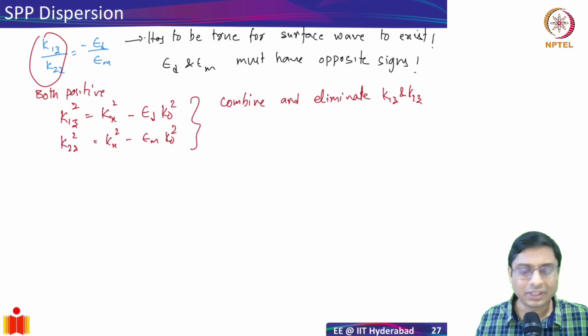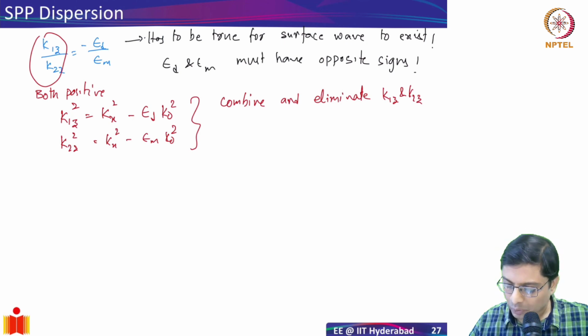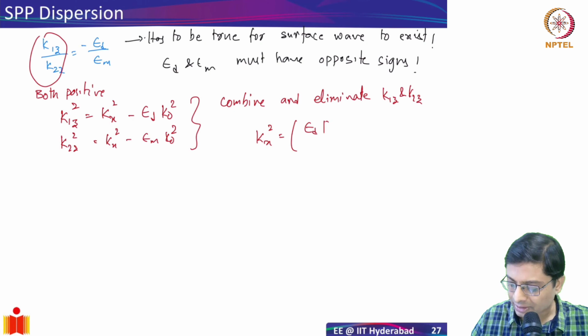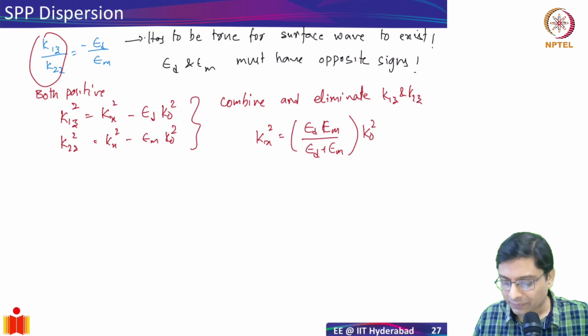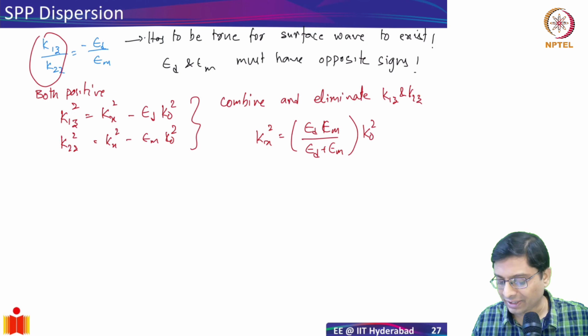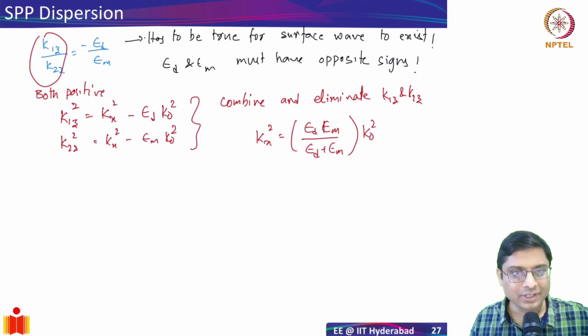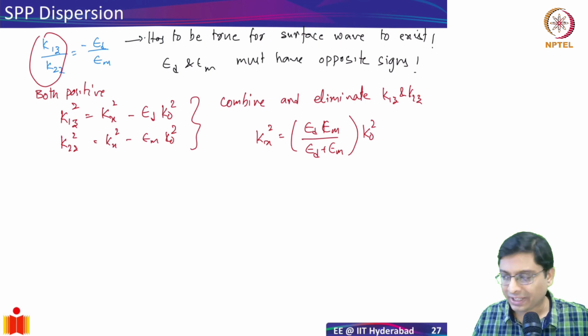This is simple algebra. What you will end up getting is Kx square equal to epsilon dielectric times epsilon metal divided by epsilon dielectric plus epsilon metal, times K0 square. So if you have such an interface between a metal and dielectric, these waves can exist, and the propagation constant of that wave is given by this relation.